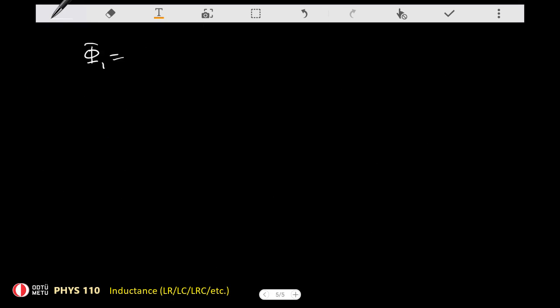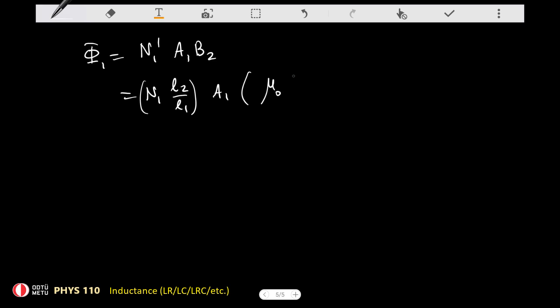Phi 1 is N1 prime A1 B2. N1 prime was N1 L2 over L1. This is A1. B2 was mu 0 N2 over L2 times I2. If you look at this expression, the magnetic field depended on L2, but somehow there's another L2 factor in here.